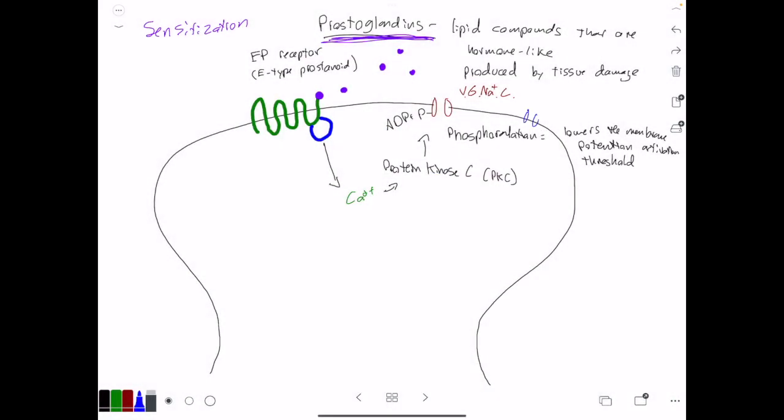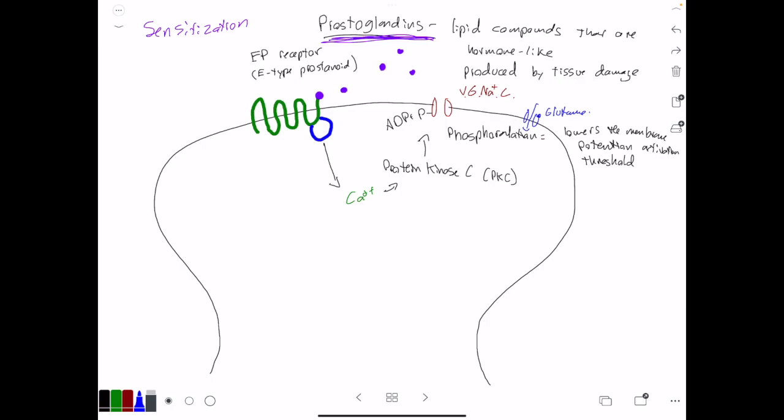So we still need glutamine perhaps to get things going here. And this will potentiate the effects of glutamine, sort of indirectly, by reducing the depolarizing threshold that you need to open up these voltage-gated sodium channels.